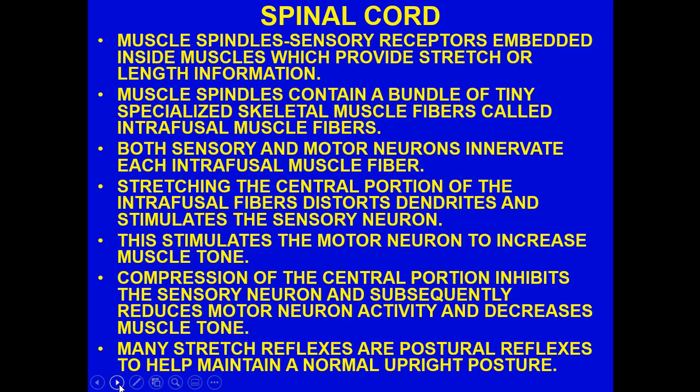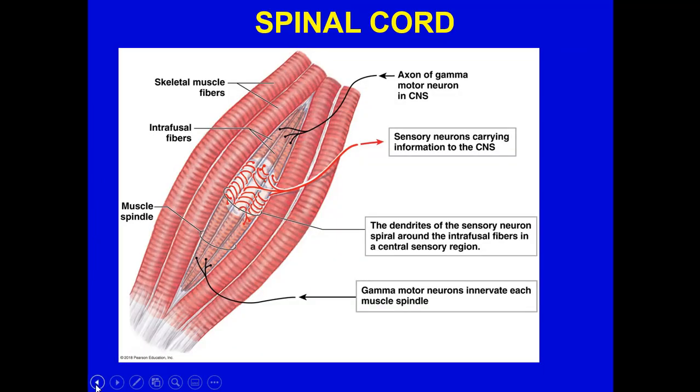Stretching the central portion of the intrafusal fiber distorts the dendrites, stimulates the sensory neuron. This stimulates the motor neuron to increase muscle tone. Compression of the central portion inhibits the sensory neuron and subsequently reduces motor neuron activity and decreases the muscle tone. Many stretch reflexes are postural reflexes to help maintain normal upright posture.